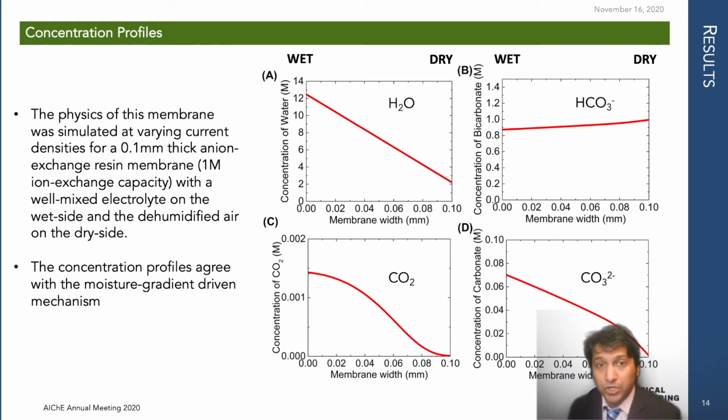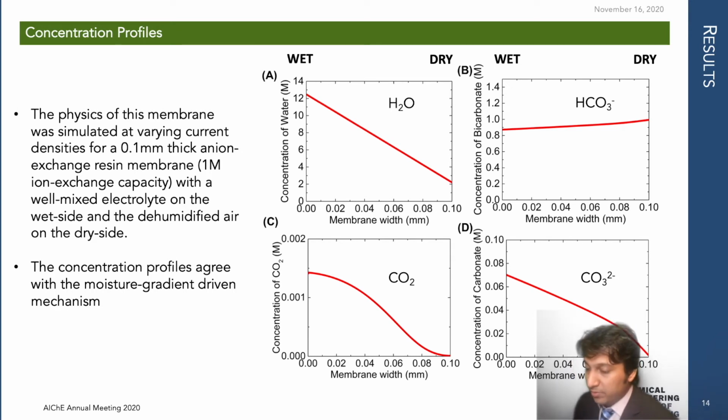And the background charge, or the resin anion exchange membrane concentration, was taken to be 1 molar. We considered a well-mixed electrolyte, so the species, as soon as they go into the electrolyte, they diffuse very fast. And on the wet side and on the dry side, we had some dehumidified feed coming in.